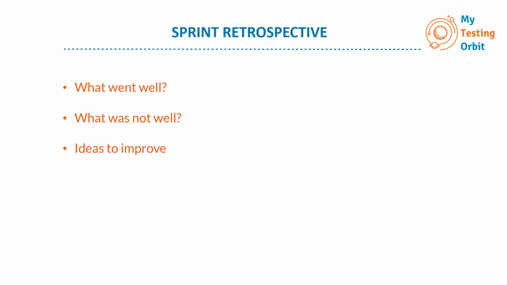The other way it can be done is that there are lots of online retrospective boards available as well. One of them is this. At the end, I will also show you this board so that you can have a look. Many teams, instead of using post-it notes, already have this link shared with the team, and before coming to the retrospective meeting, everyone in the team adds their suggestions and opinions in the board.